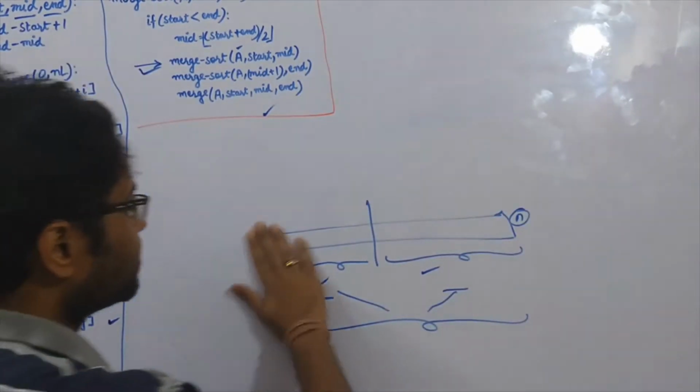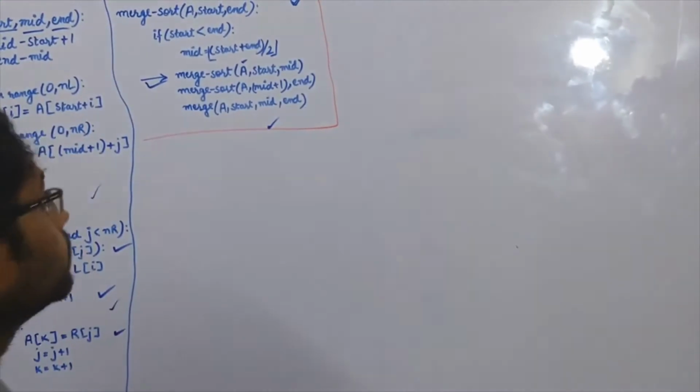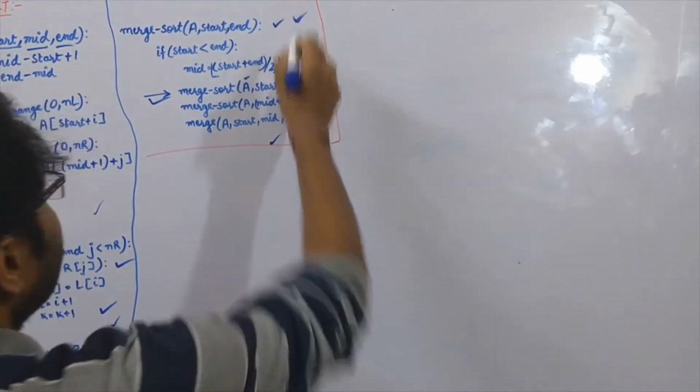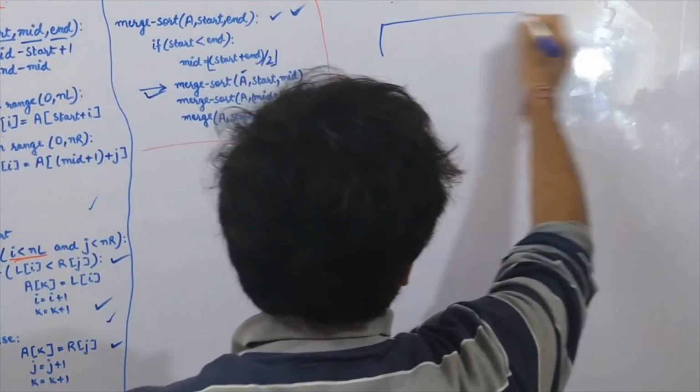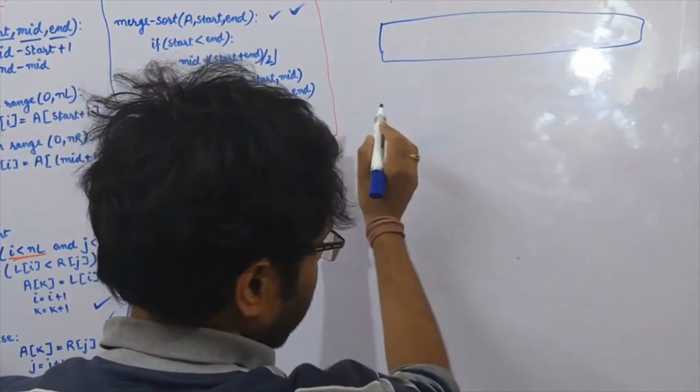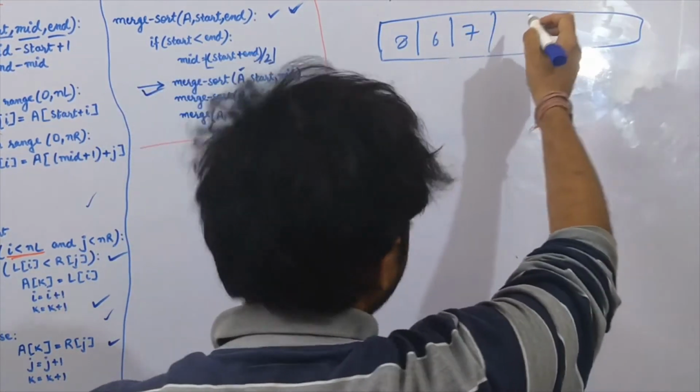So I will take an example and you can see how it is working. First the merge sort procedure is called from start to end. I will take an input like 8, 6, 7, 5, 3, 9.